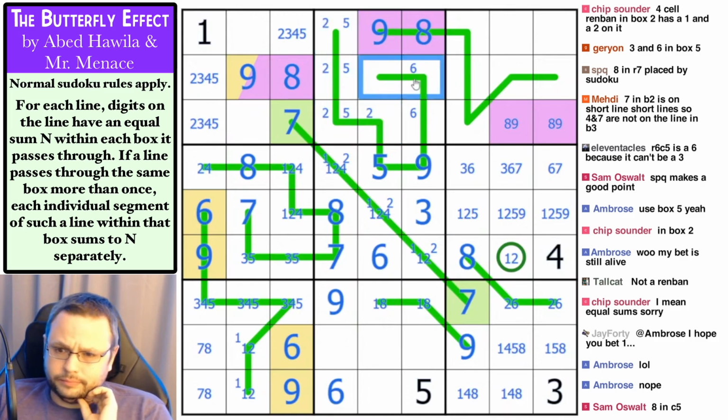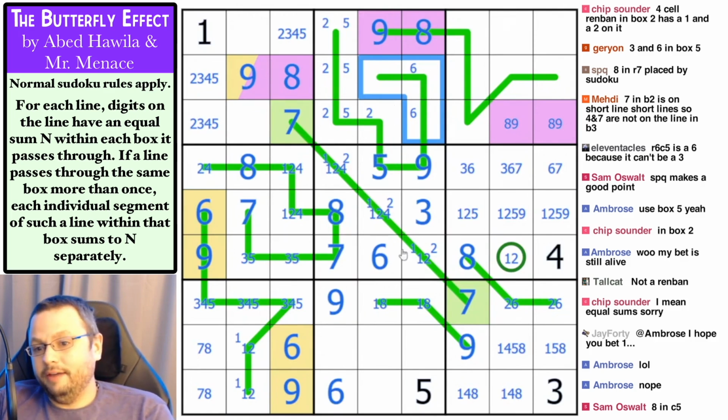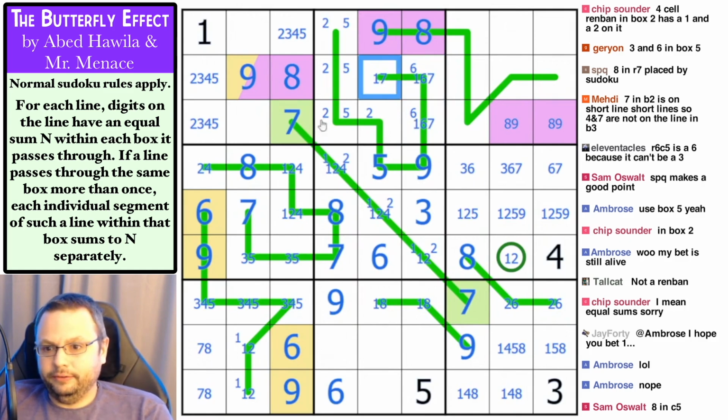So it's either 617 or... wait, no. It is 617. That's the only option. It can't be 626, and it can't be 635 because of the 5s there. So this is in fact 617. That one's not a 6, however.